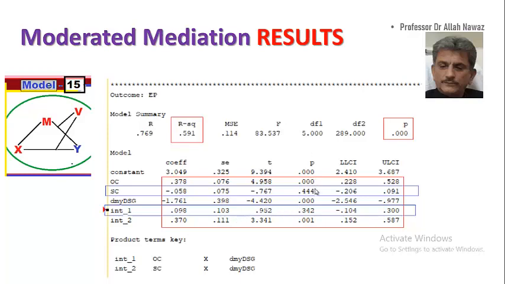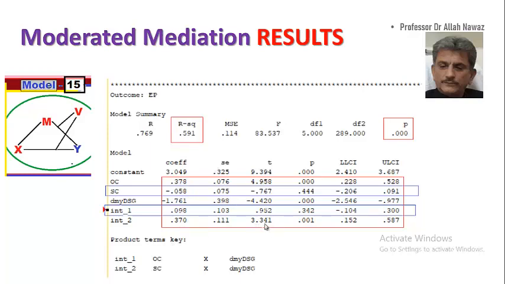So likewise, p-value is also insignificant, 0.34, far greater than 0.05. T-score is far less than 1.96. So interaction term 1 on this path is totally insignificant, while interaction term 2, which is computed on the MY path when the designation is working on path B, is significant with a coefficient of 0.37.